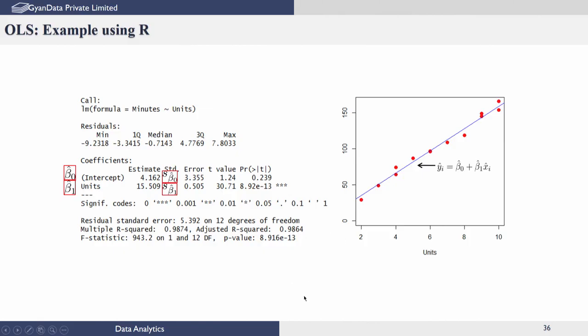Let us go and see whether this makes sense for this data. We know that if no units are repaired, then clearly no time should be taken by the service repair person, because he has not repaired any units. So, this line technically should pass through 0, 0, and that is what we have said.